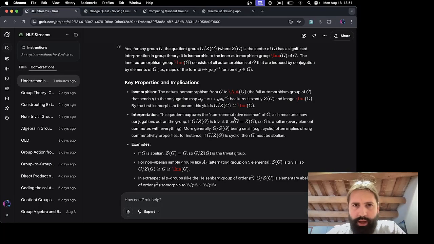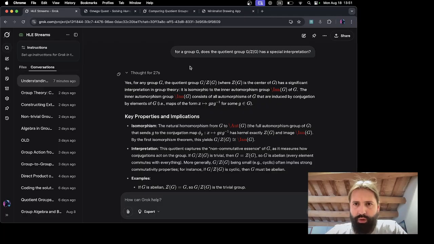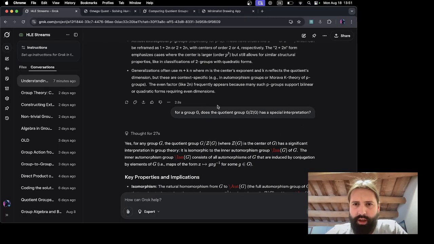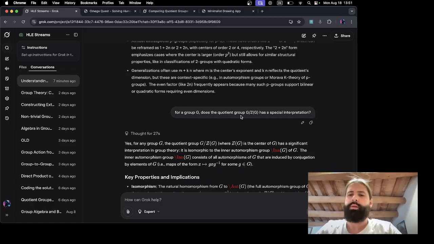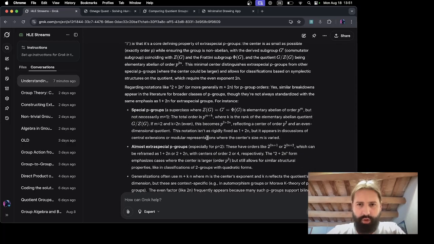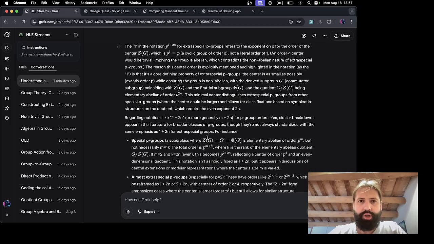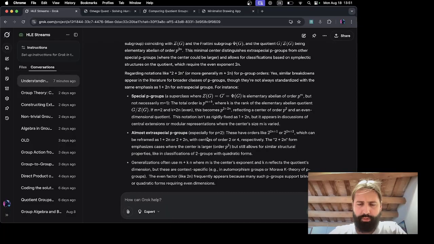So let's go back here. So the quotient. So what we're saying is, okay, that's interesting, right? That quotient tells you how much. Yeah, okay, cool. Essentially, you just go back to practicality.